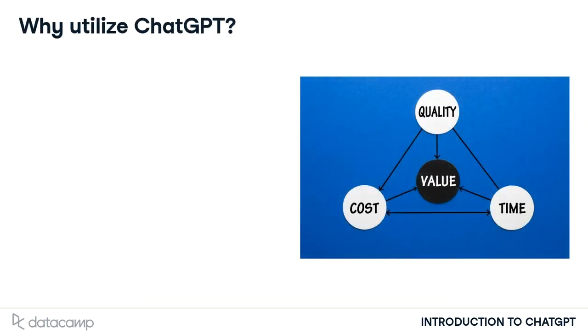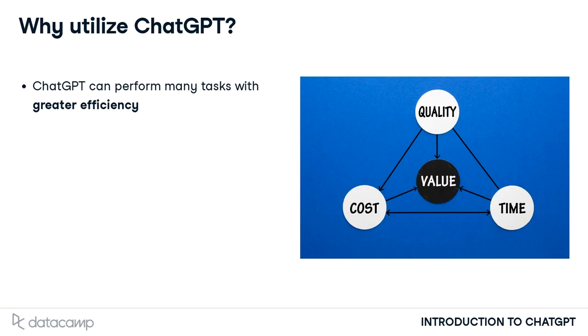So why should we begin implementing ChatGPT into our workflows and business processes? ChatGPT is able to perform many time-consuming tasks with greater efficiency. Using our own expertise, we can then verify and finalize the responses. This workflow of AI doing the legwork and a human providing the finishing touches saves a substantial amount of time and money.